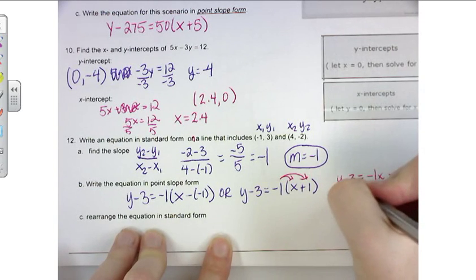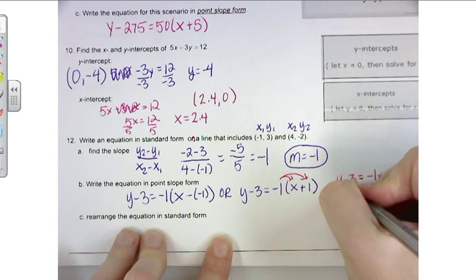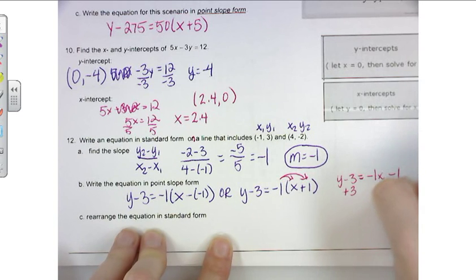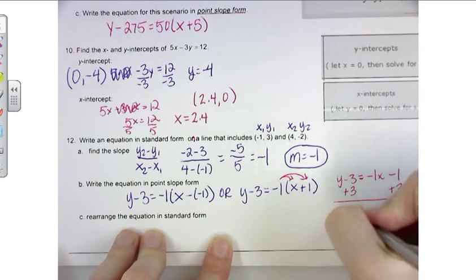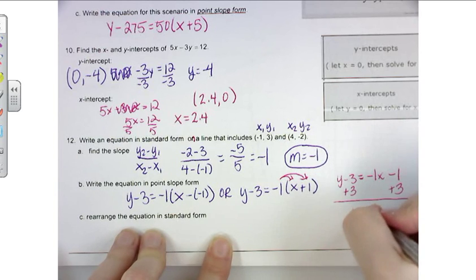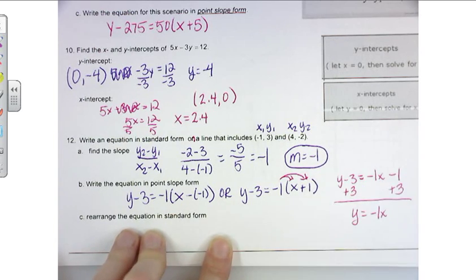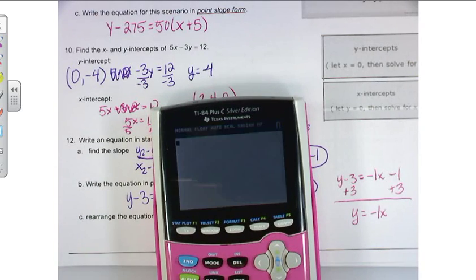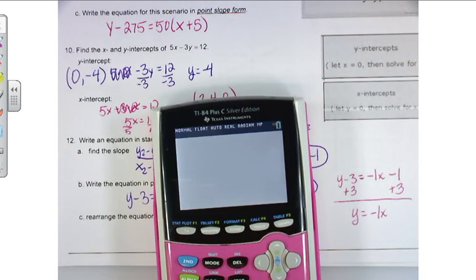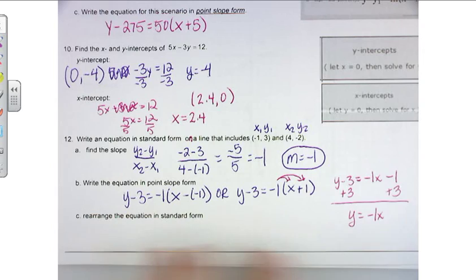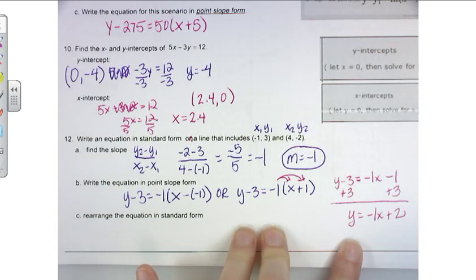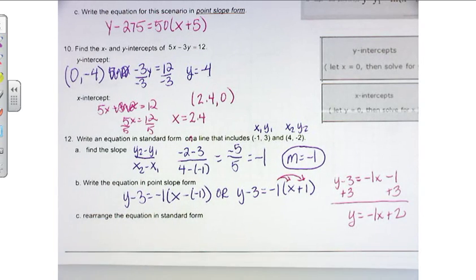Now I need to move this 3, plus 3, plus 3. Y equals -1x, negative numbers. -1 plus 3, 2. I just like to check my work. Okay? Y, but now it's standard form.